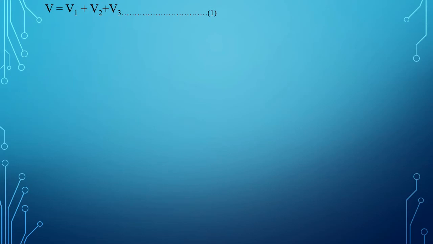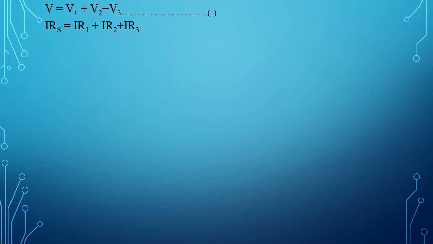Now, let us put the values of V, V1, V2 and V3 as per Ohm's law. So, we get I Rs is equal to I R1 plus I R2 plus I R3. Now here I can be taken out as a common factor.